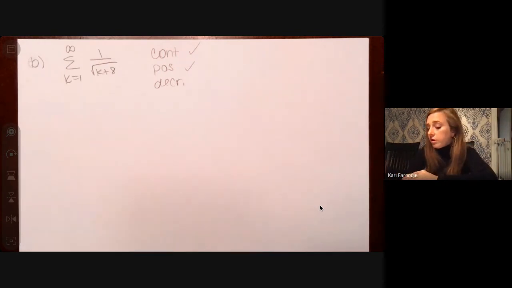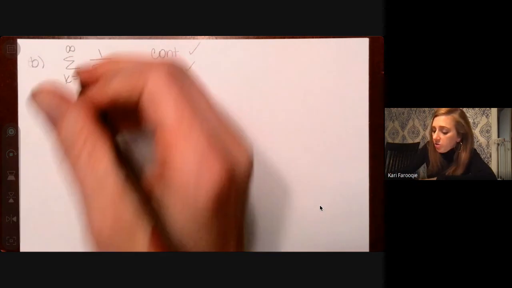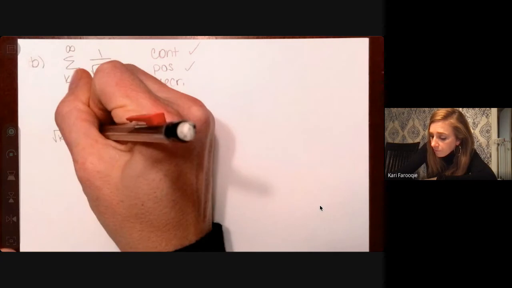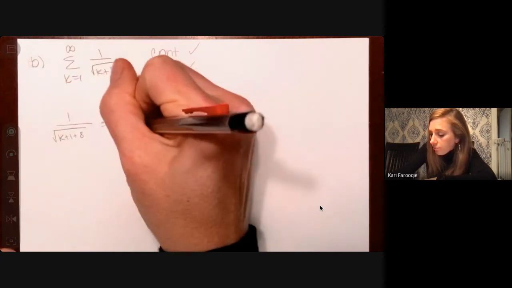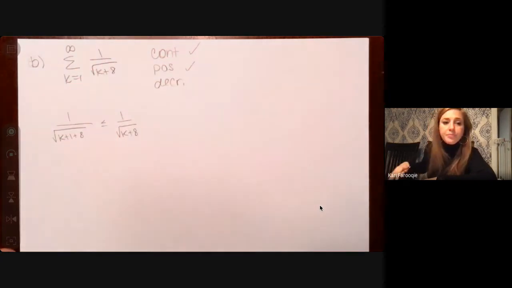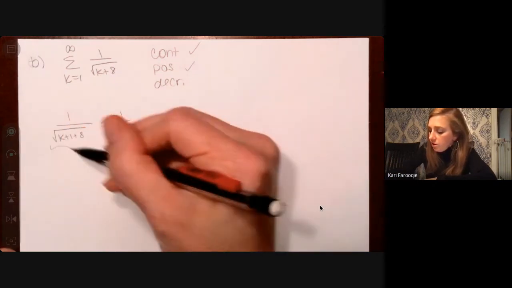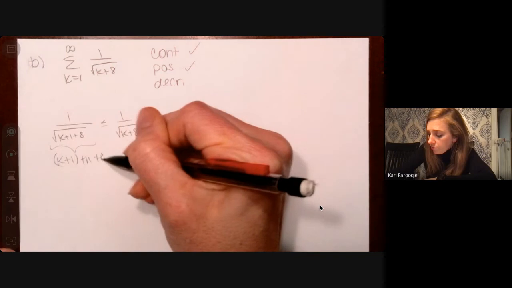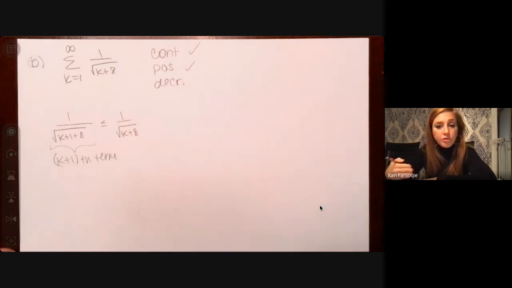For decreasing, again, you just want to show that the k plus 1th term is less than or equal to the kth term. So this is the k plus 1th term, and we're just going to show that it's less than or equal to the kth term.